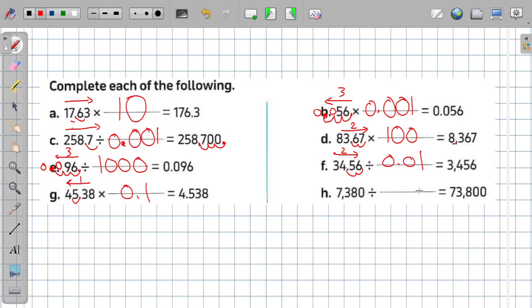7,380 divided by a number equals 73,800. So we moved the decimal point, but we don't have a decimal point. So what can we do? We have a 7, 3, 8, and 0.